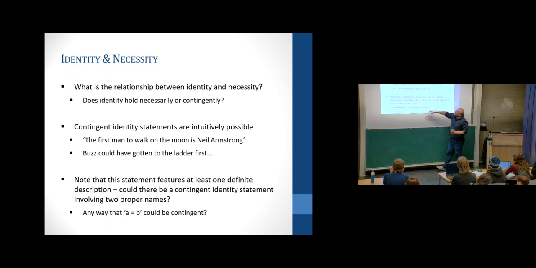But whenever you have an identity statement with names on either side, if it's true, it's necessarily true. Bruce Wayne is Batman. Bruce Wayne is necessarily Batman. Nobody else could be him, because if they were, then it would turn out that they're actually identical to Bruce Wayne, which would be weird.